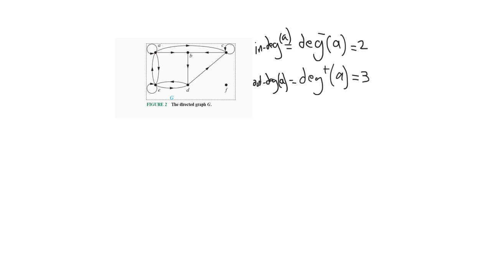And there is a very nice formula, similar to what we had seen before.